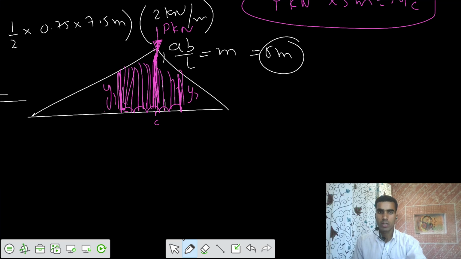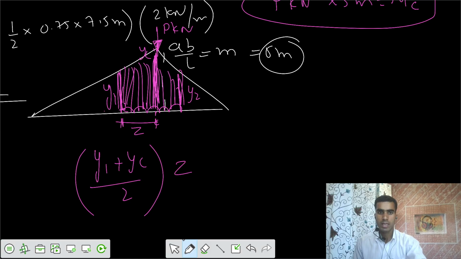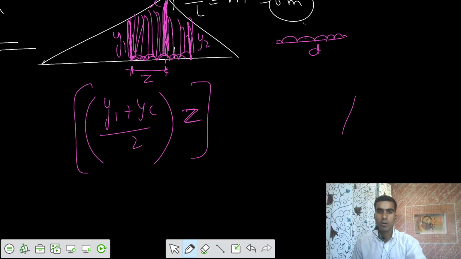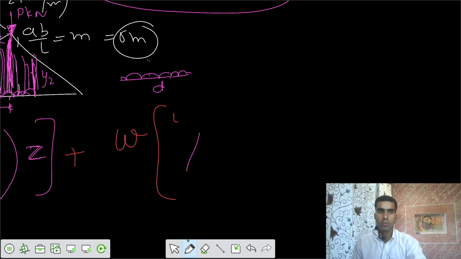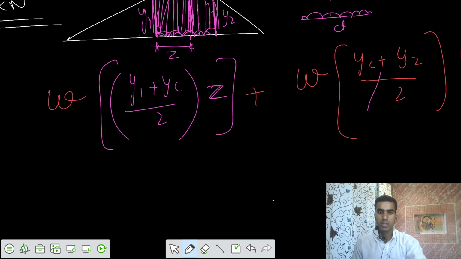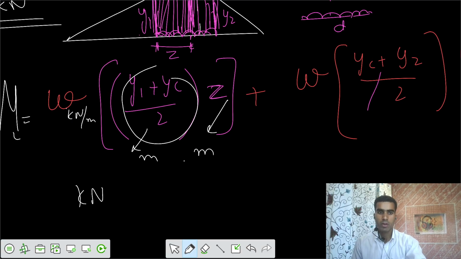Let's say this is ordinate y1, this is ordinate y2, and this is the ordinate at C. The area on the left is (y1 plus yc) by 2, times the length Z. The total UDL length is D, and to the left of the section we have Z. So it is 1 by 2 the sum of parallel sides into the length Z. This is the area of that UDL, and you multiply it by the intensity W, plus similarly the intensity W into the area on this side, (yc plus y2) divided by 2 for the length D minus Z. This is the total moment at C. W is in kilonewton per meter and the areas have units of meters, so finally you get a unit of kilonewton meter.